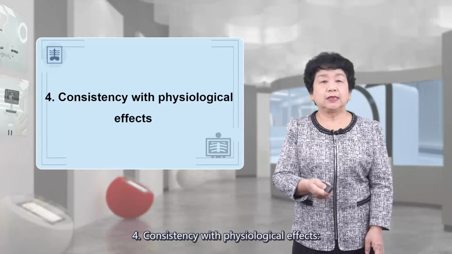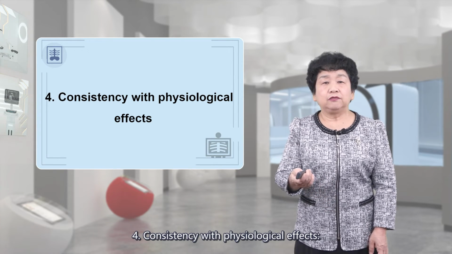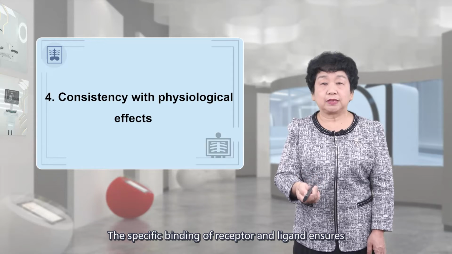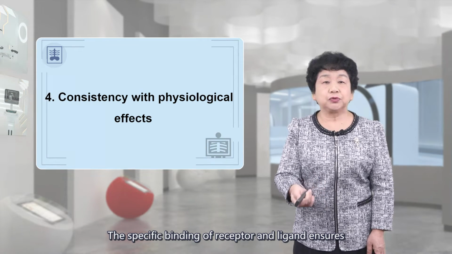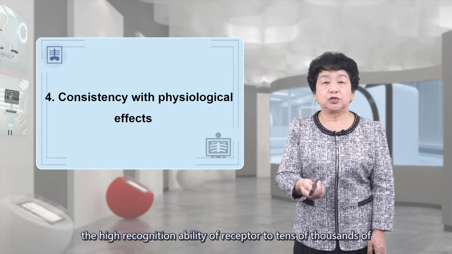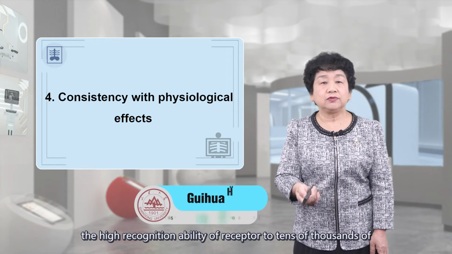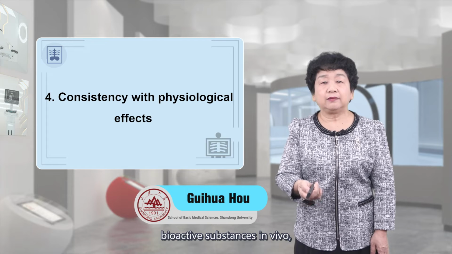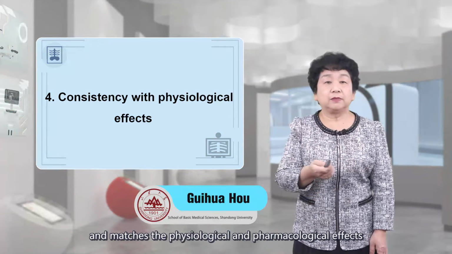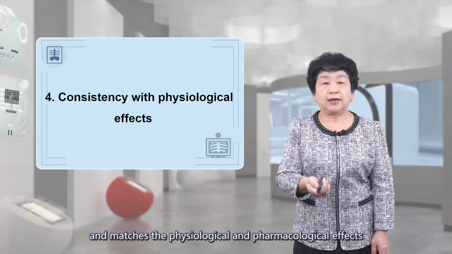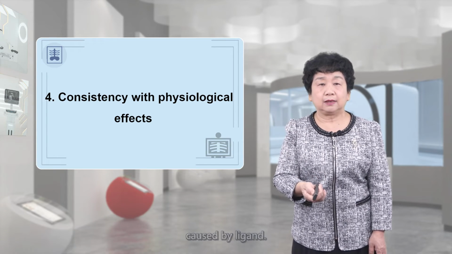The fourth, consistency with physiological effect. The specific binding of the receptor and ligand ensures high recognition ability of the receptor among tens of thousands of bioactive substances in vivo, and matches the physiological and pharmacological effects caused by the ligand.